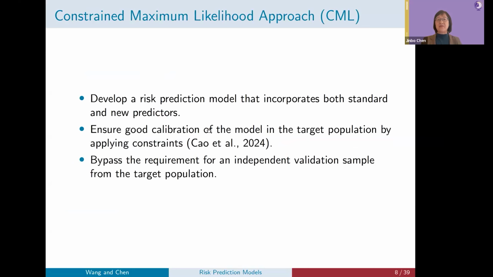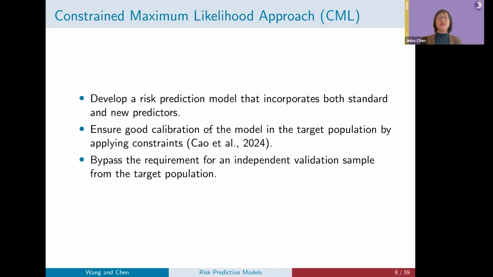This method was published in the Lifetime Data Analysis journal in 2024, led by one of my former advisees. Our goal was to develop a risk prediction model that incorporates both standard and new predictors. Because we did not have a representative data set from a target population for validation, we prioritize getting a well-calibrated model.